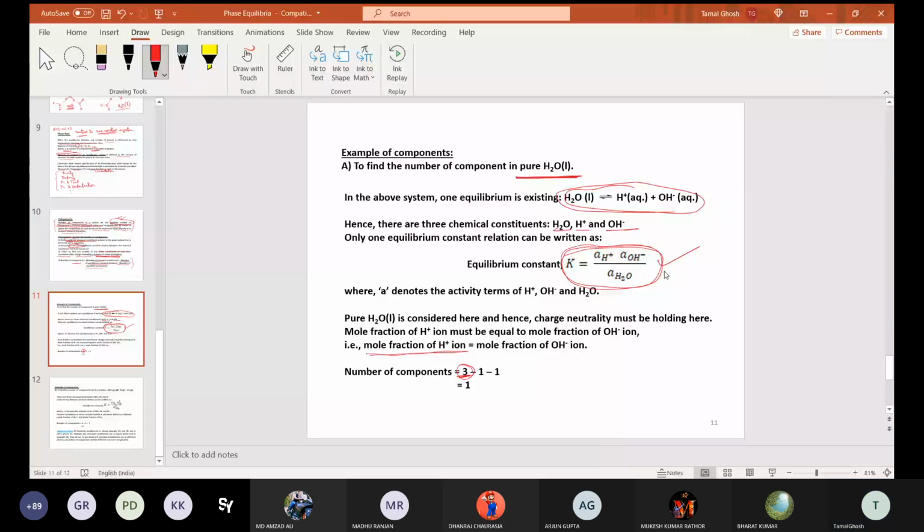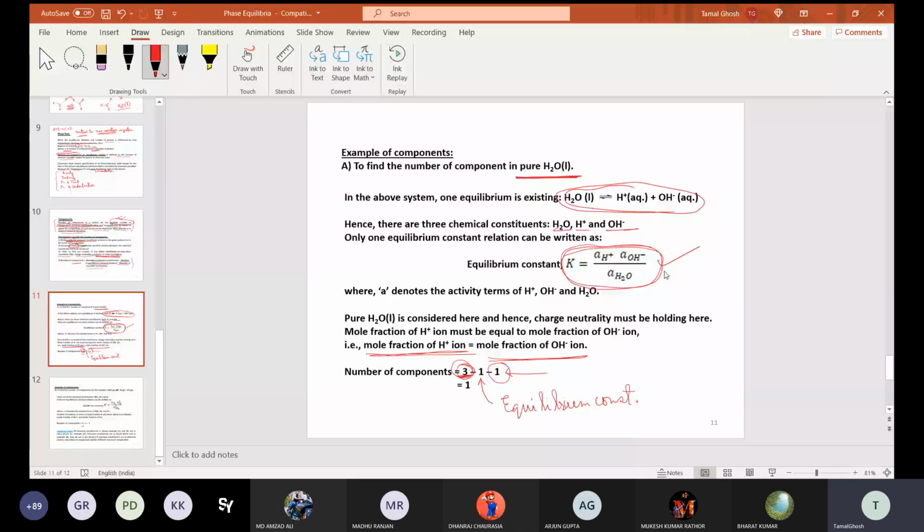This first minus 1 is because we have one equilibrium constant that we can write using these constituents, and another minus 1 appears due to the one correlation we are getting, which is that the mole fraction of H plus is equal to the mole fraction of OH minus. So our component is equal to 1.